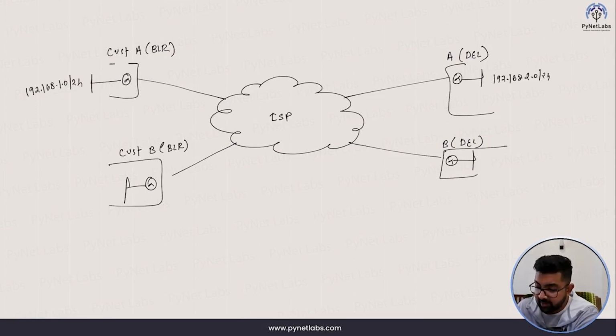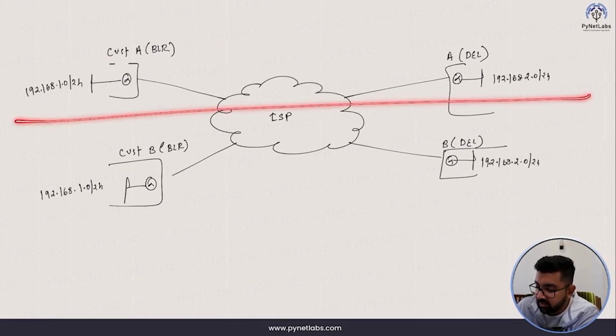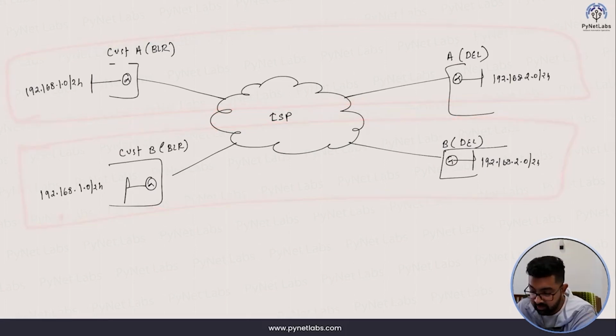So these are private addresses that we have. Customer A and customer B both can have 192.168.1.0/24 being used here and 192.168.2.0/24. Since this is completely customer A's network, this is completely customer B's network.